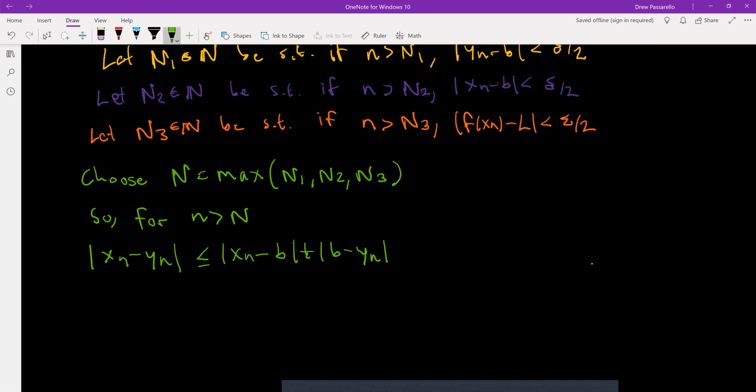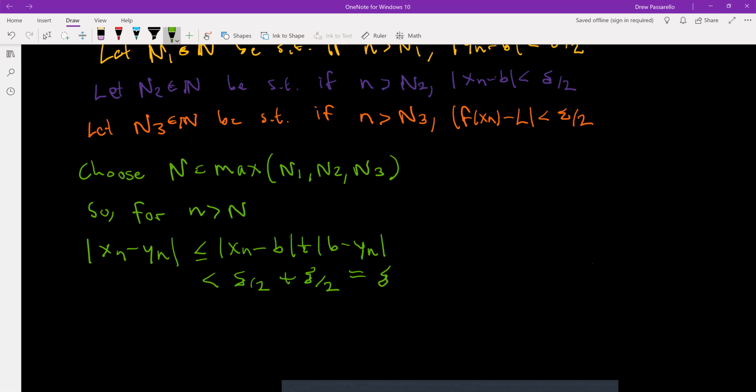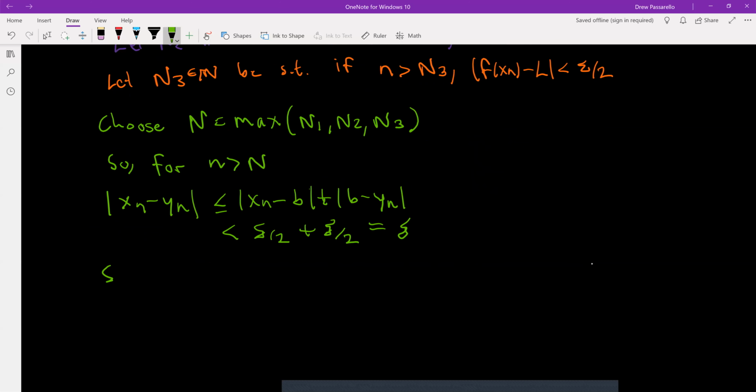And that's less than delta divided by 2 plus delta divided by 2, which is delta. So xn minus yn is less than delta. So the absolute value of f of xn minus f of yn is less than epsilon over 2.